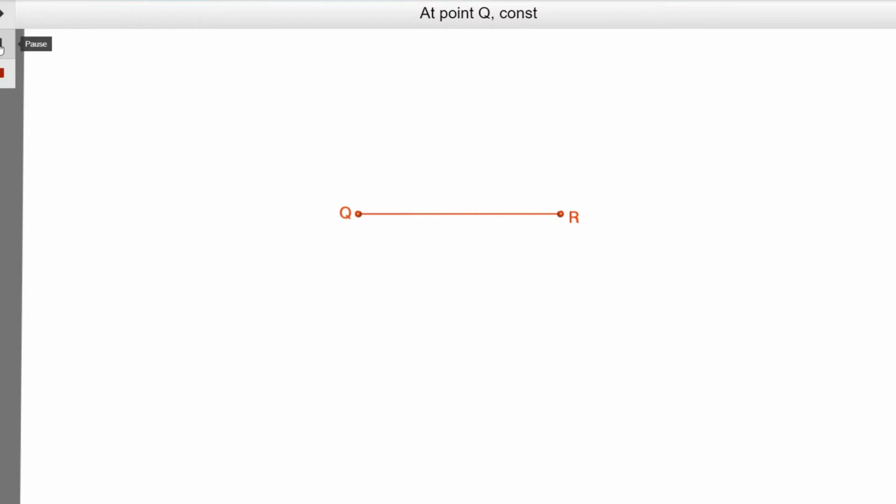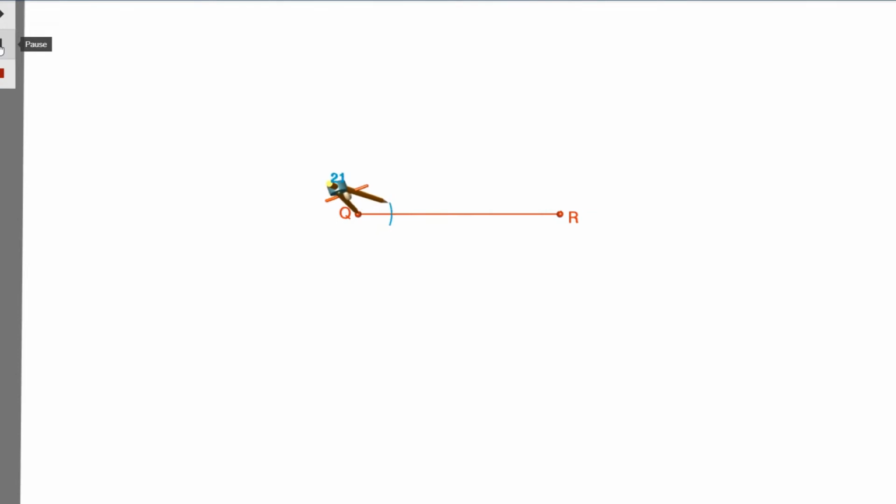And on the base QR, we have to make a 60 degree angle at Q. For this, take your compass and take any radius, put the needle of the compass on Q. With any radius, draw an arc which intersects the base QR at some point.